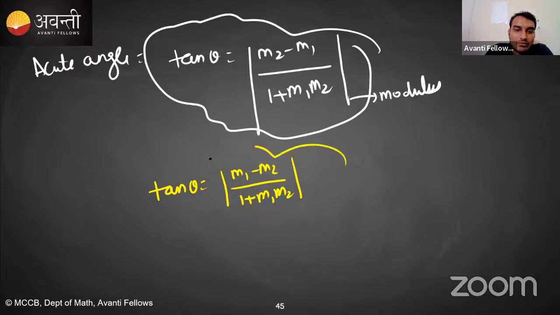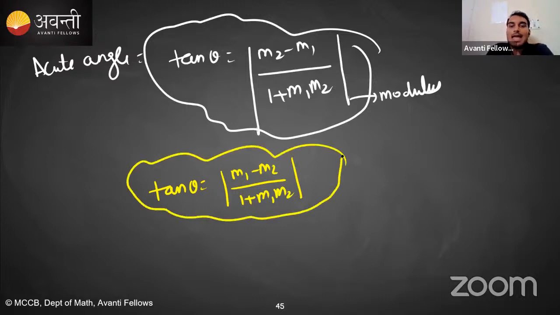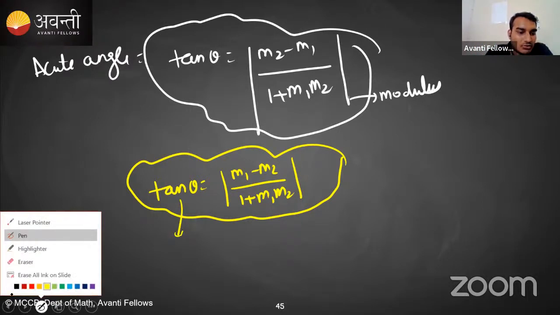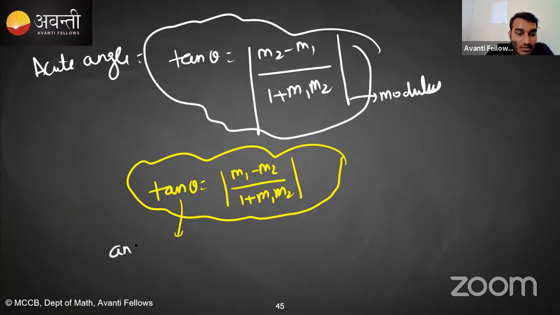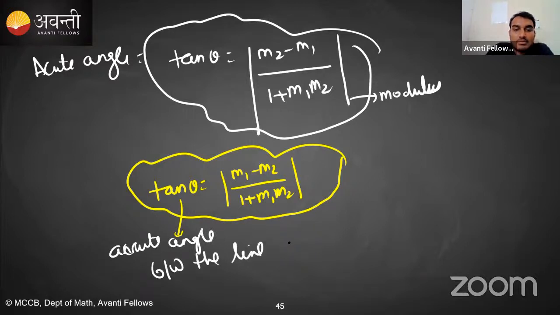So this thing you have to remember. If the angle between two lines is asked, just find the slopes of the lines and then use this formula: magnitude of M1 minus M2 upon 1 plus M1 M2. This gives the acute angle between the lines L1 and L2.